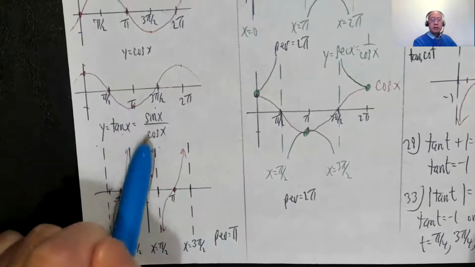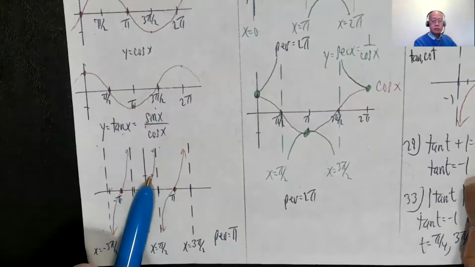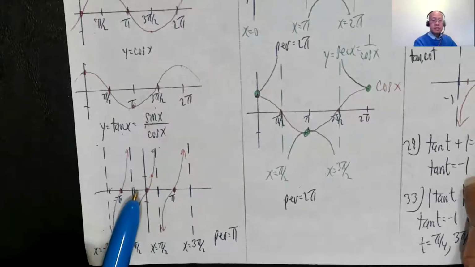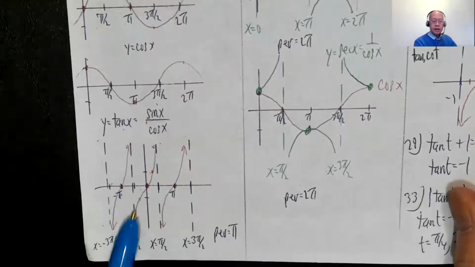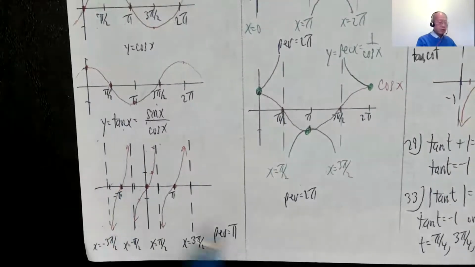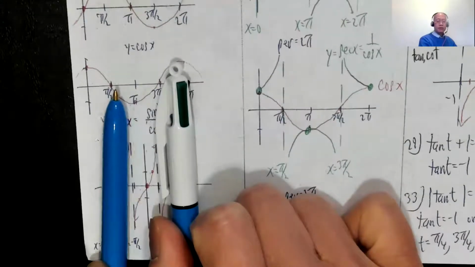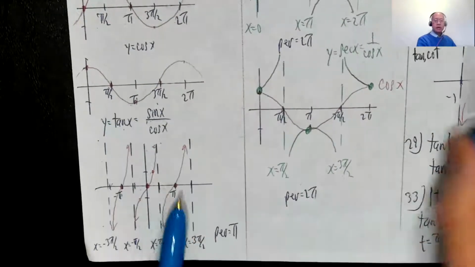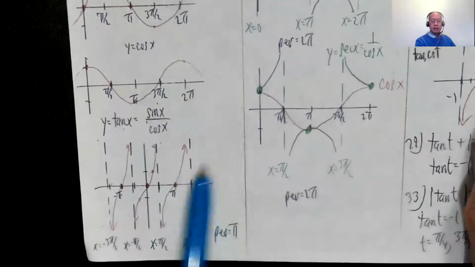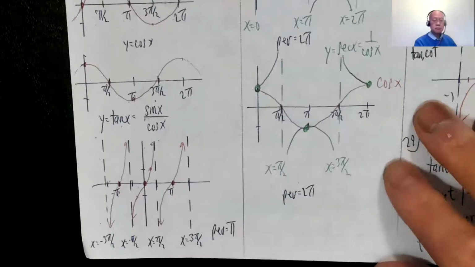Sine and cosine are equal at pi over 4. That means the ratio is 1. They're opposites at negative pi over 4. So if you connect them, you get a graph right here. So the period is pi. So here's one period of the tangent function, from negative pi over 2 to pi over 2. And then you just copy and paste, copy and paste. There's another one here and some more over here and so on.